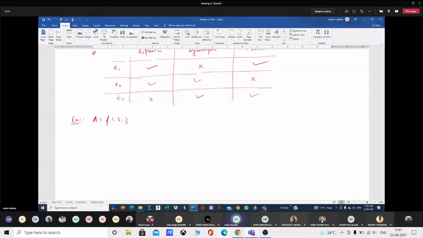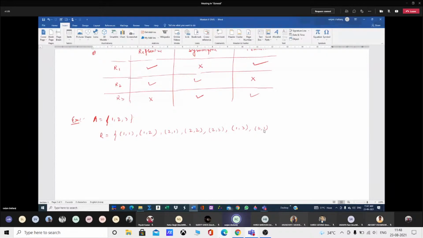Suppose I'm taking 1 1, okay, then 1 2, then 2 1, then 2 2, then 2 3, then 1 3, 3 1 again I'm taking, and then 3 2, 3 3. Now it's sufficient. Okay.